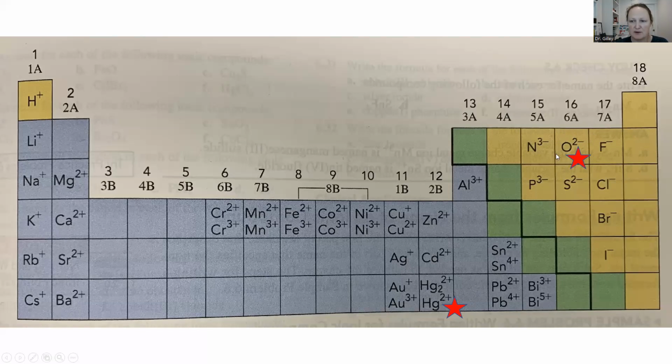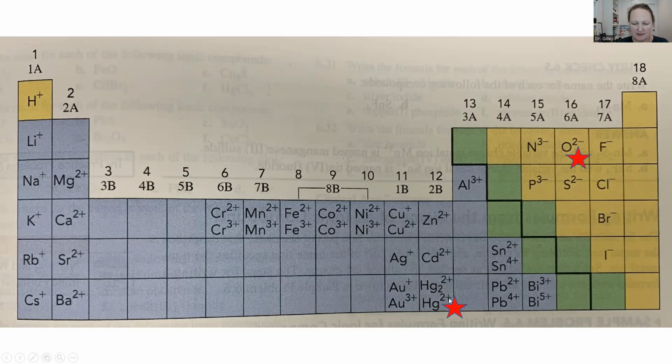So that's helpful information to be able to figure out which mercury we're using. But in this case, this is the tricky one, because both of them have an overall +2 charge. The difference is this little subscript 2. So if you see that in the formula, Hg2, then it must be mercury 1. If there wasn't a 2 there, then it would be mercury 2.